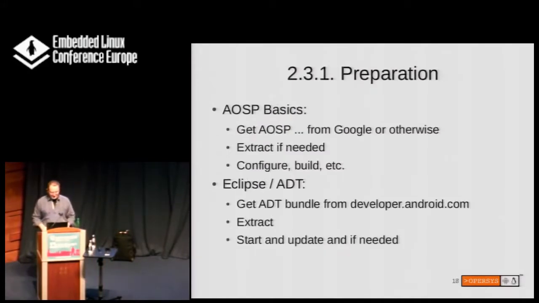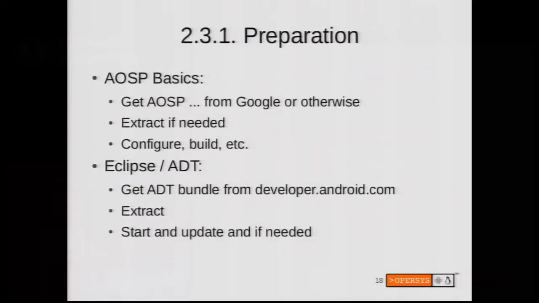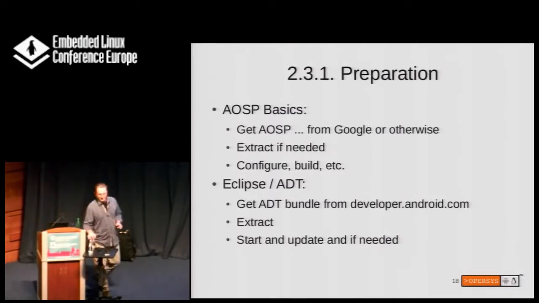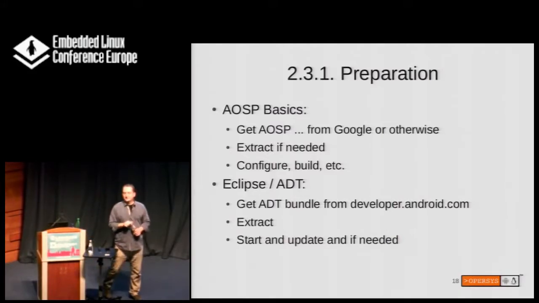The first thing you want to do is prepare the terrain. You're going to have the AOSP, which is the Android sources, and you're going to want Eclipse with the ADT plugin. You can just get the ADT bundle from developer.android.com. That's the same exact bundle that an app developer would get to develop applications.